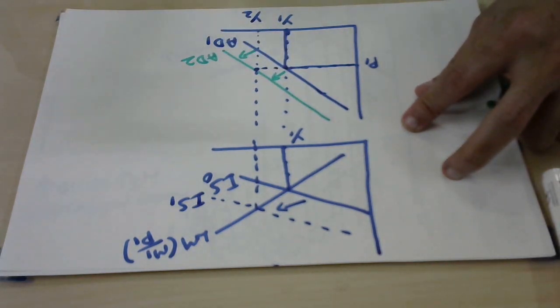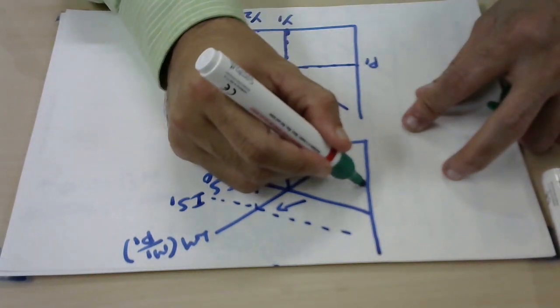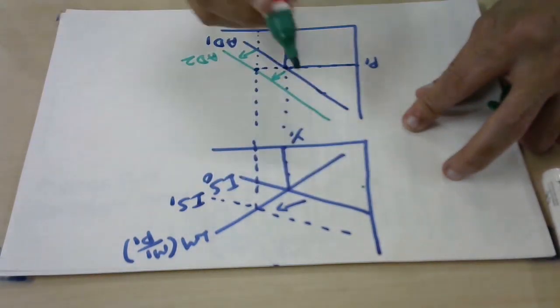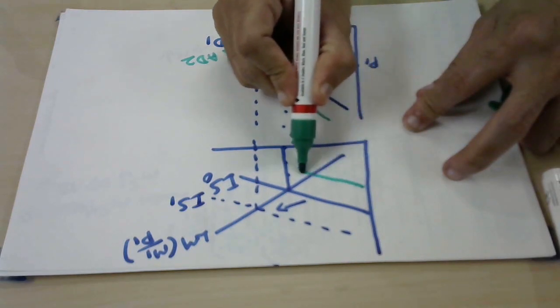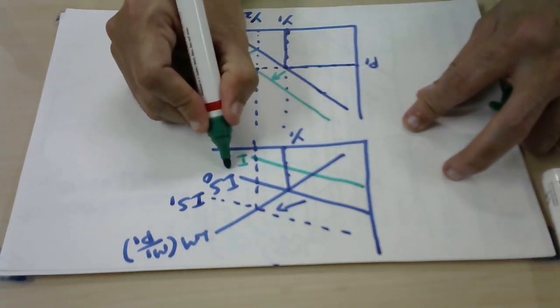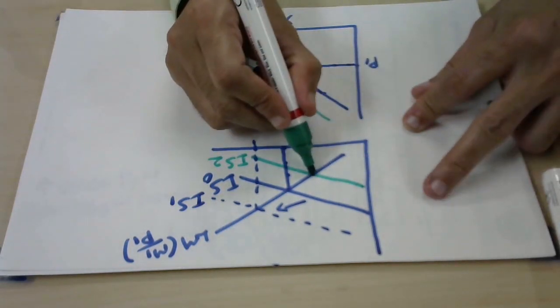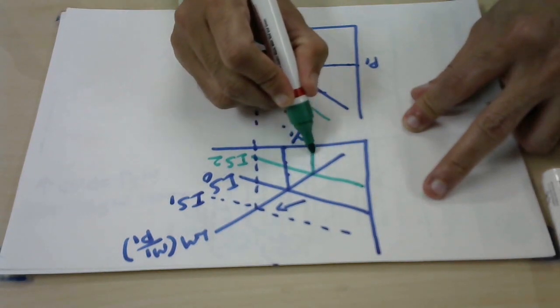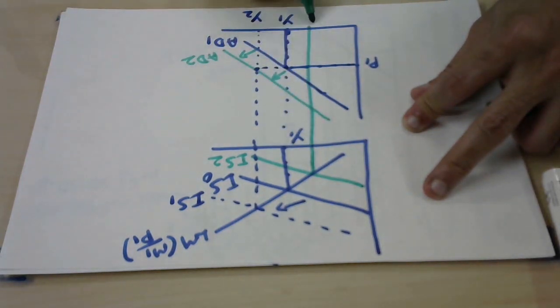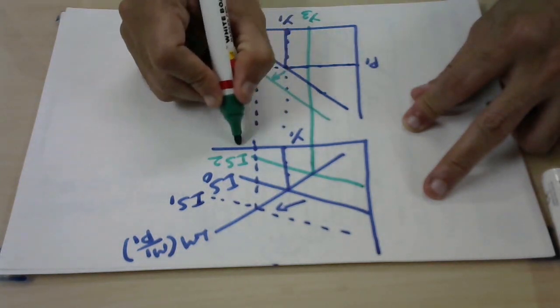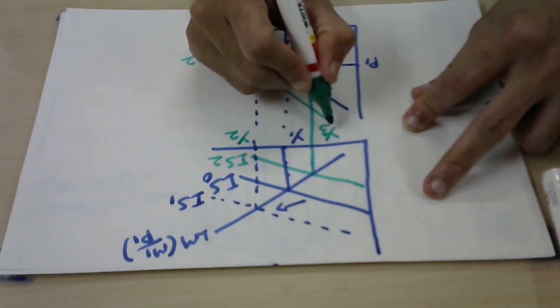By the same token, suppose government spending decreases and the curve becomes IS2. What happens to my new output level? It becomes, say, Y3. This was Y1, this was Y2, this is Y3.